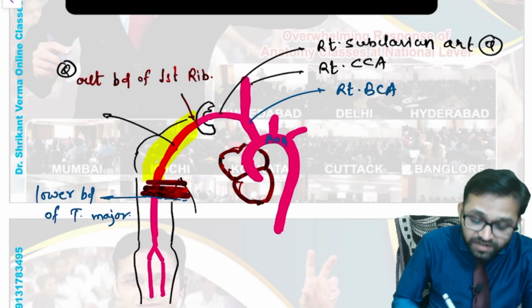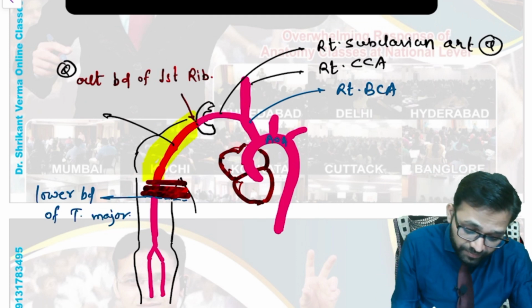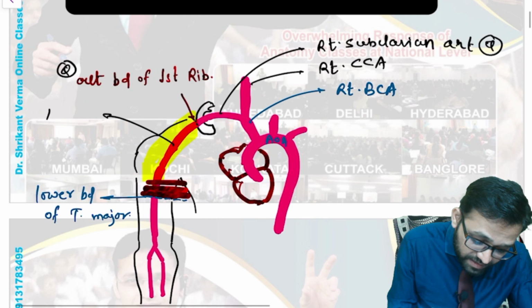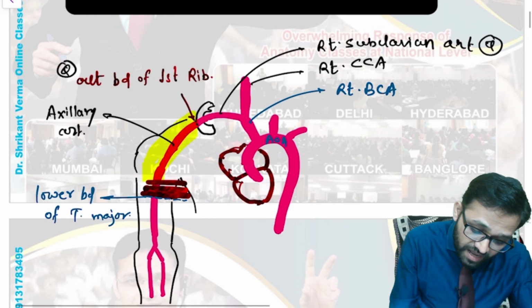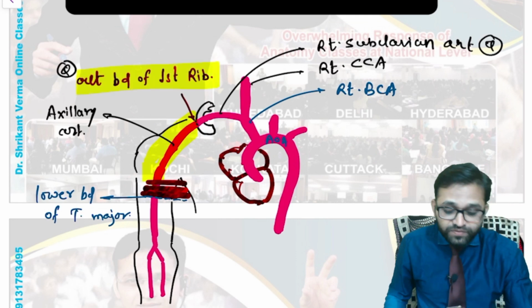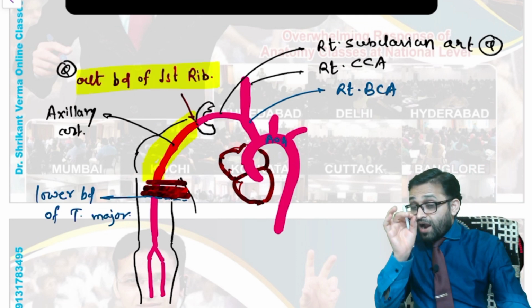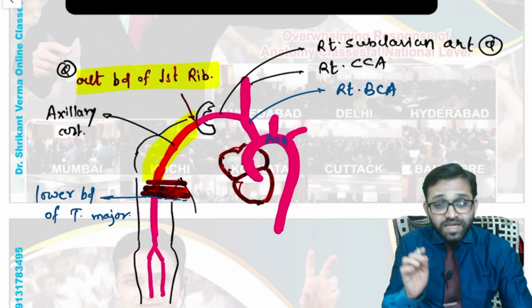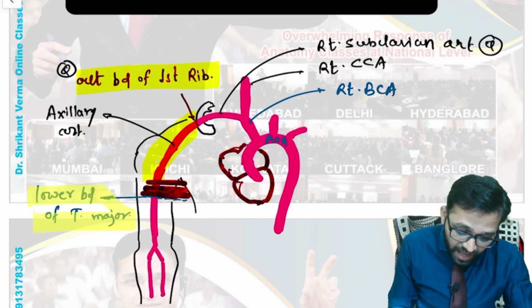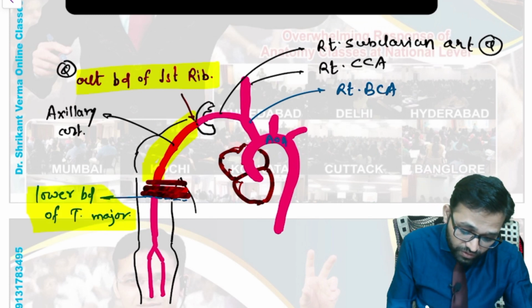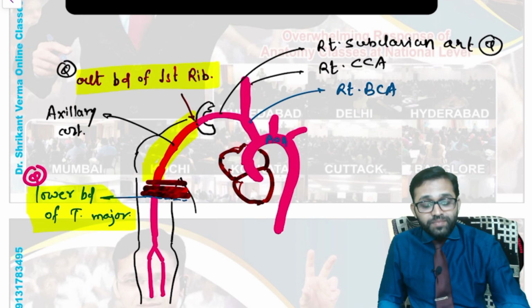Where does the artery running in the axilla start? Again the answer is the outer border of the first rib. Where does the axillary artery end? The answer is the lower border of the teres major.